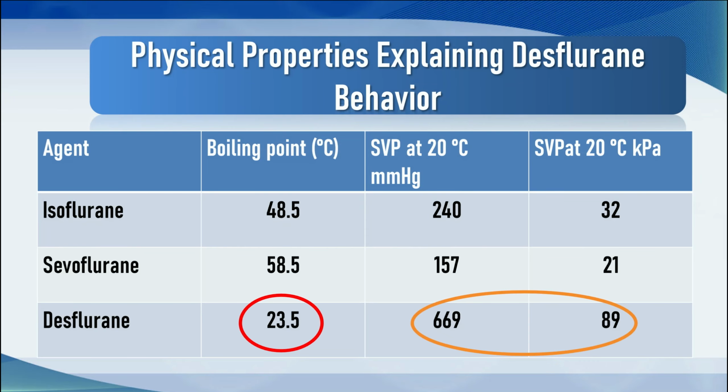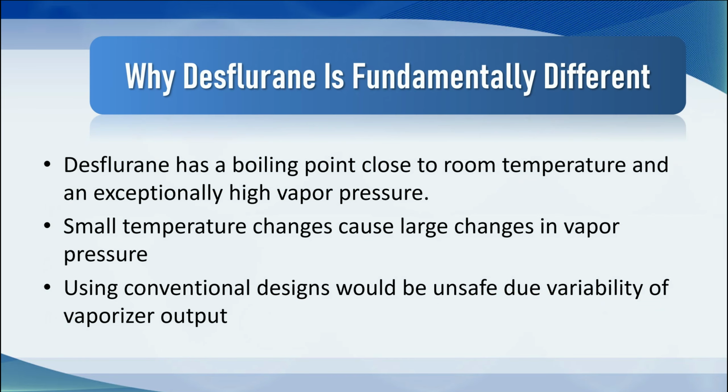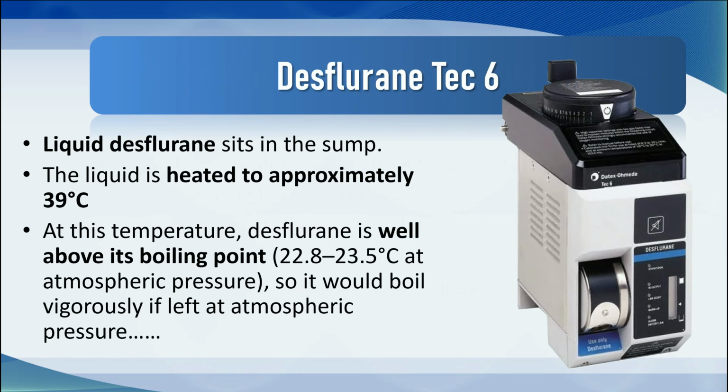Desflurane boils at just above room temperature. Small temperature changes cause large changes in vapor pressure. Using conventional designs would be unsafe due to the variability of vaporizer output, so a different type of vaporizer was required, and this was the TEC 6.